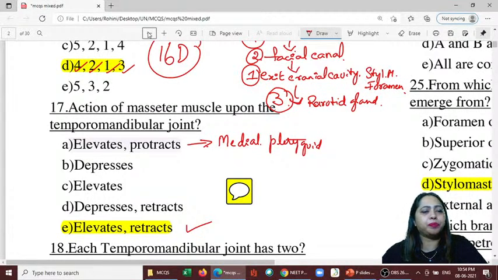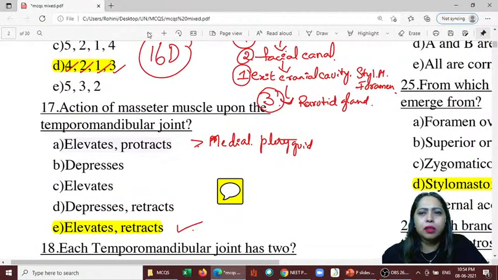Next, this is wrong actually. This should have been retraction. Elevation and retraction. This sentence itself is wrong. Okay, so let's not take this.